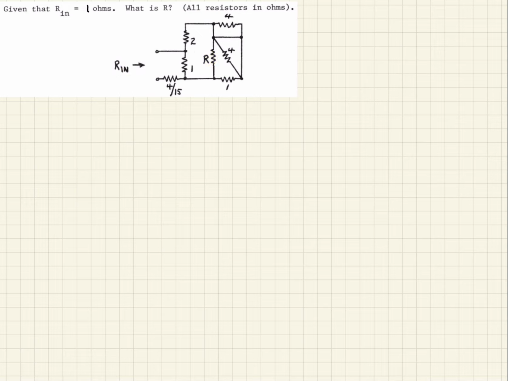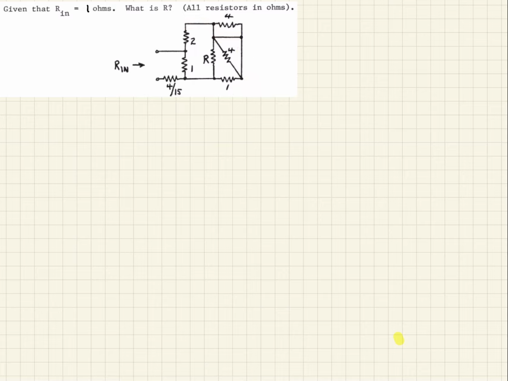So the first thing we want to do is just reduce this network. And the first thing we notice right off the bat is that if we take this path right here, this is the way the current would flow, and we can see that neither of the 4 ohm resistors is a path to travel. So in other words, those two 4 ohm resistors are shorted out. So in a sense, they have no bearing on the circuit whatsoever.